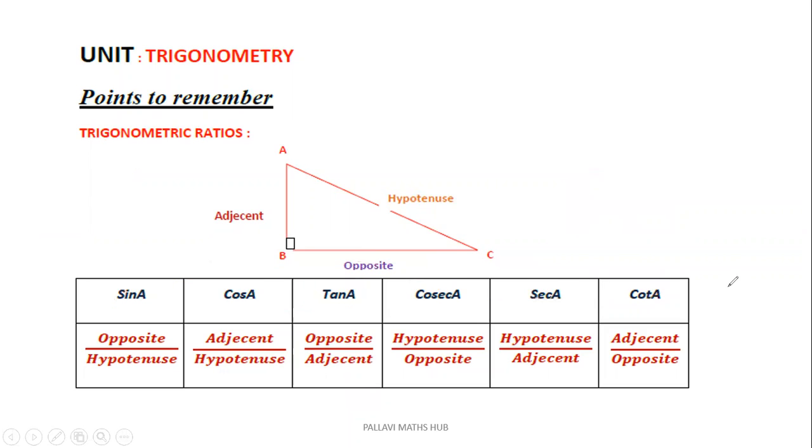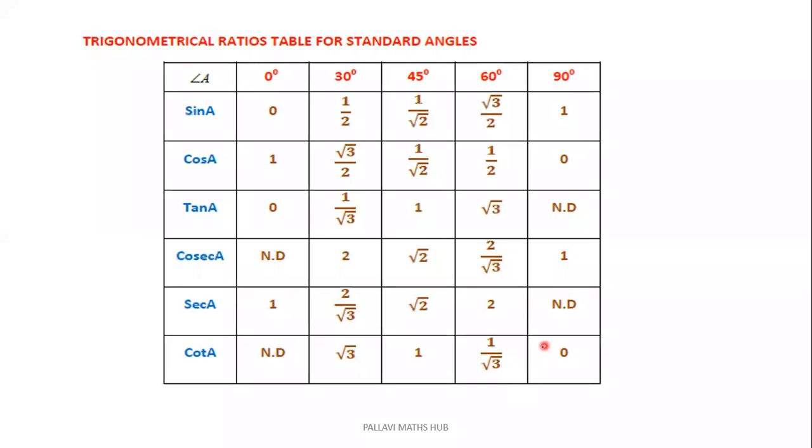Next, we already learned trigonometric ratios. Now we will go for trigonometric angles. The 6 ratios are sin A, cos A, tan A, cosecant A, secant A, cot A. And the angles are 0 degree, 30 degree, 45 degree, 60 degree, 90 degree.